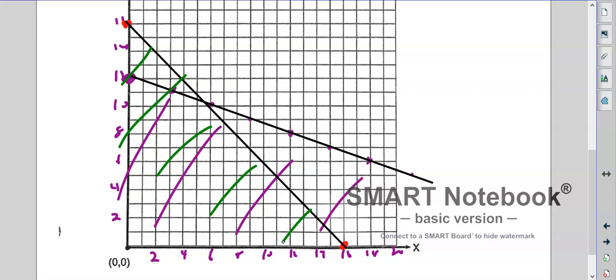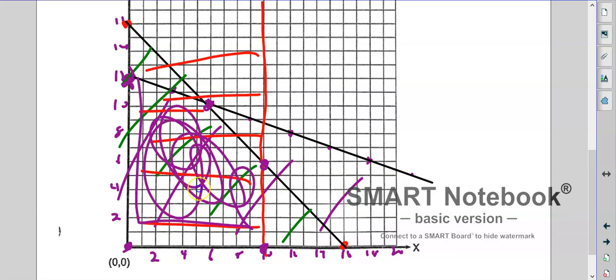And my last one I'm going to do is x is less than or equal to 10. So that means I'm doing a vertical line at x, and I'm shading this way. So where's my overarching region? Here to here, up to here, over to here, to here. That's my region right there.